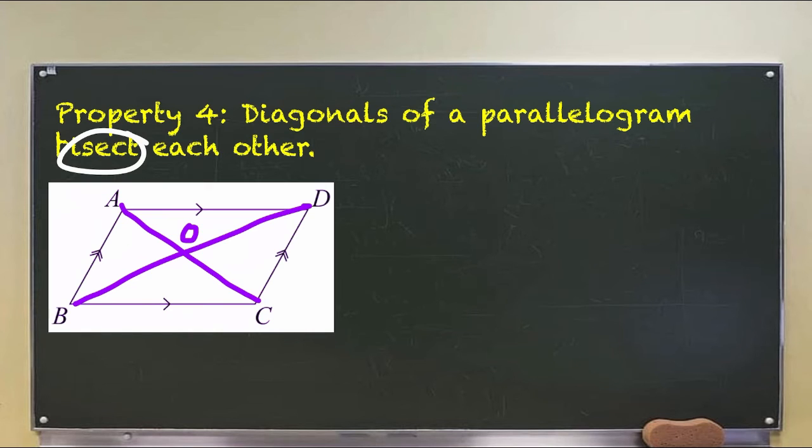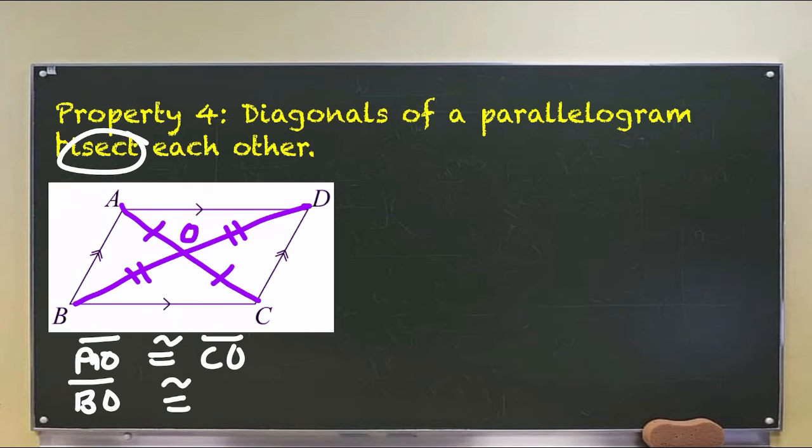Anong ginagawa nito? Dun sa point O, nahati yung AC sa dalawang congruent parts. Ang congruent parts ay yung AO at yung CO. So, we write AO is congruent to CO. Similarly, ang BO ay congruent naman sa DO.